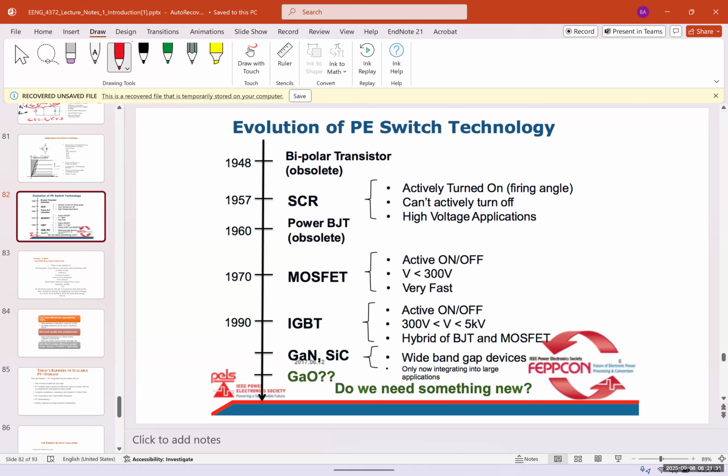I'll explain the silicon carbide ones and the gallium ones and the newer generation ones. They are wide band gap devices. They have just recently been integrated into large applications, with significant advances in the EV field, hybrid vehicles, and plug-in hybrids as well.